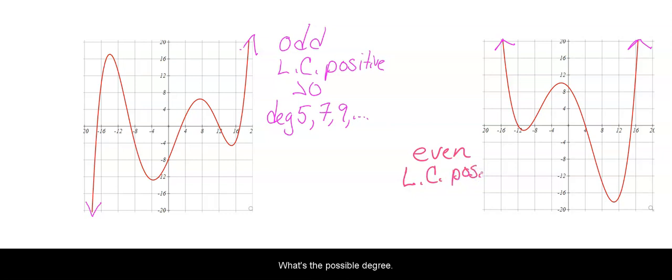What's the possible degree? Turning points, I have 1, 2, 3, which means it has to be at least degree 4 or higher. So 4, possibly 6, 8, etc. Right?